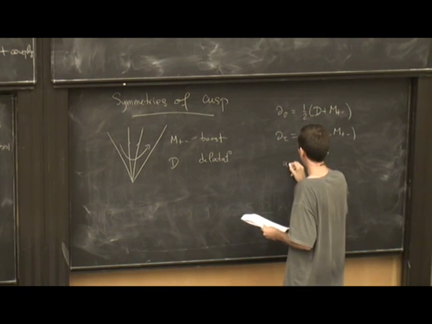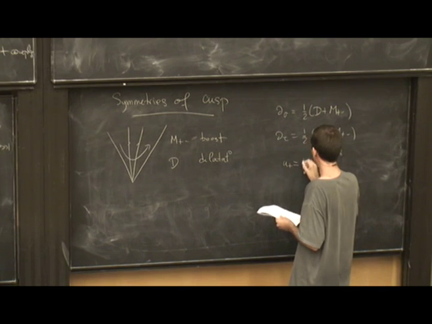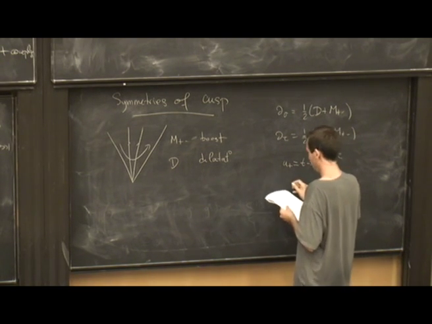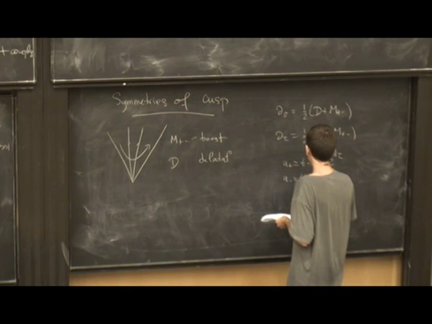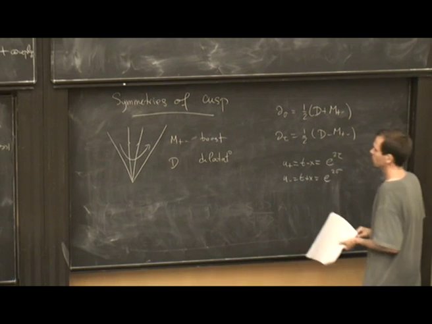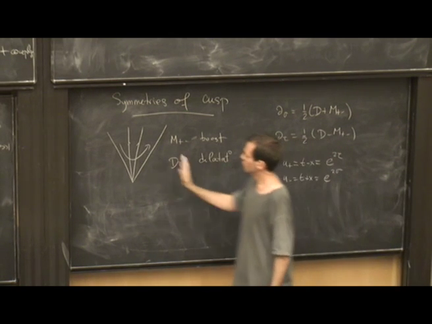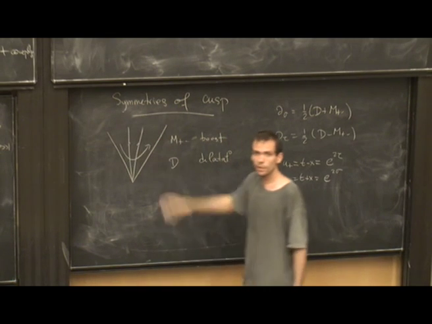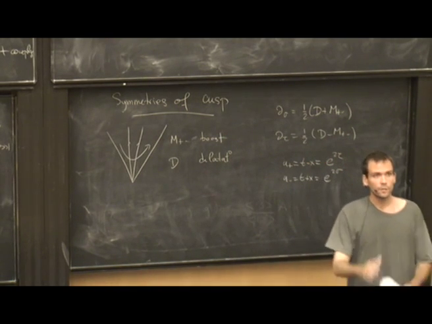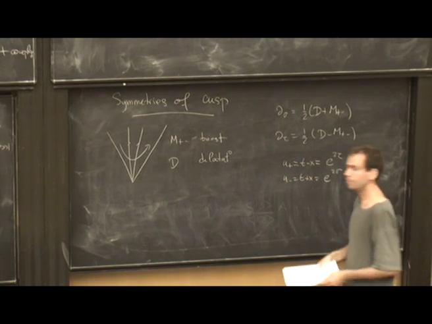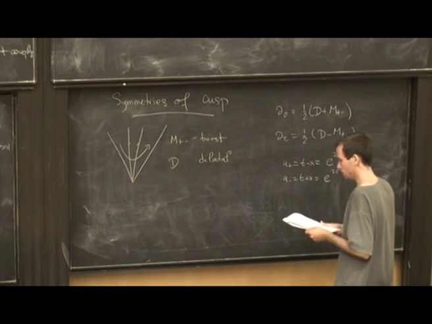So my lightcone coordinate is u plus equal t minus x equal exponential to tau, and u minus equal t plus x equal exponential to sigma. So this generator just moves things like this or like that. Okay, so they are just translation if you want, but they are translation in this lightcone coordinate. Okay, this is as simple as this.